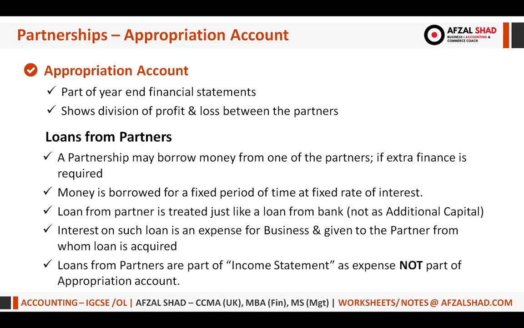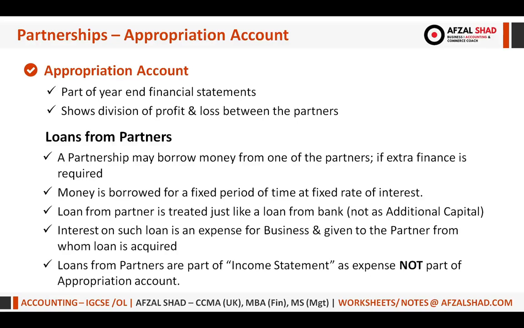One thing which is important is that in a partnership, we can borrow money from the partners, and we can borrow money from the banks whenever there is an extra requirement of finances. But whenever the money is borrowed for a fixed period of time from the partners, it is not called capital, but it is called a liability, just like a bank loan is a liability.